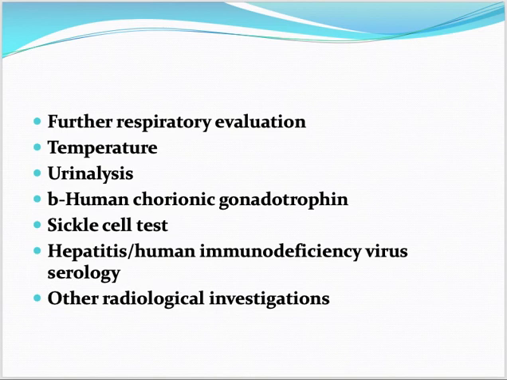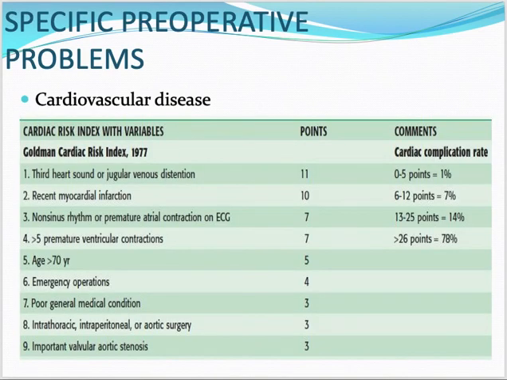Now what I'm going to talk about is a very nice table. Let me clear one thing: I think this one is taken from USMLE Kaplan's. You don't have to memorize this.